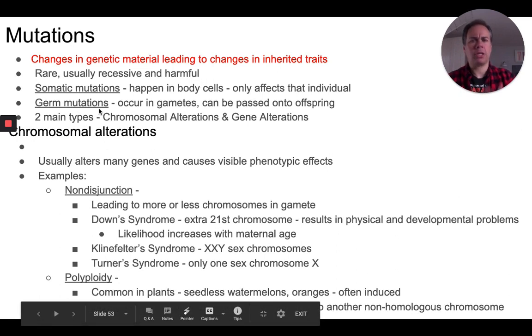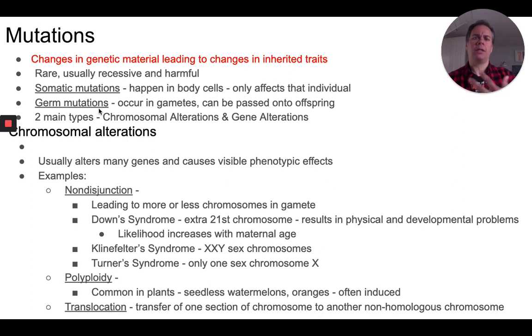So if there is a mutation to happen in a sperm or an egg cell, then that would be present in the embryos and all of the cells of that embryo. A mutation in a normal body cell, what we call somatic cell, only affects that individual. So if a person had a mutation in skin cells because of ultraviolet exposure, that mutation will only affect those specific cells. It's not going to be passed on to the next generation.